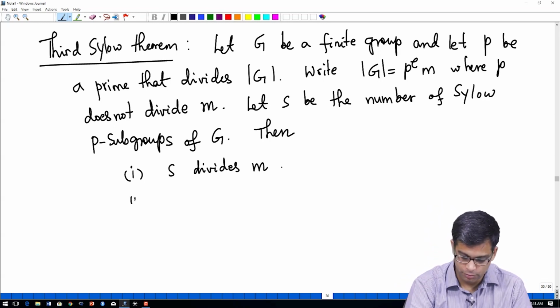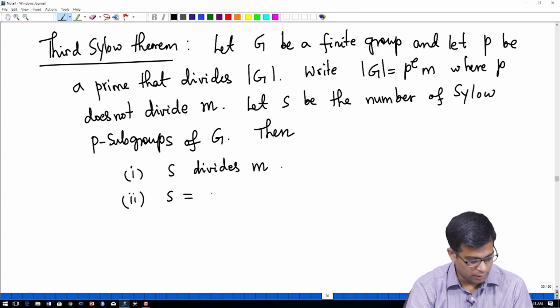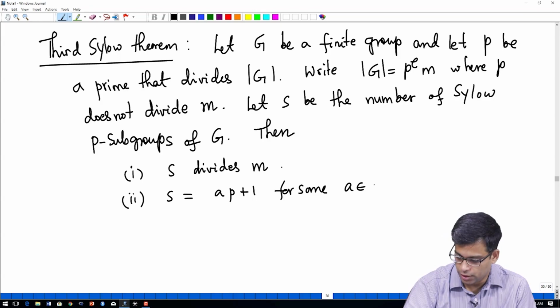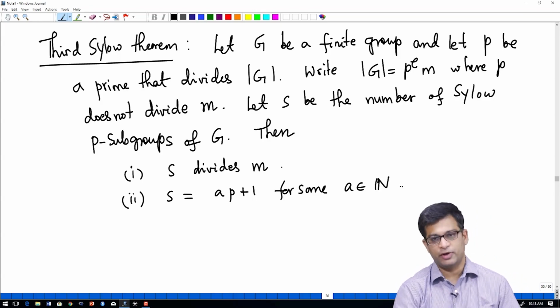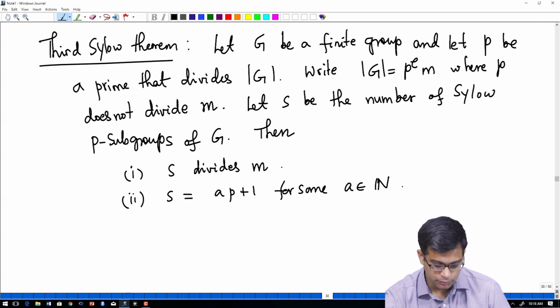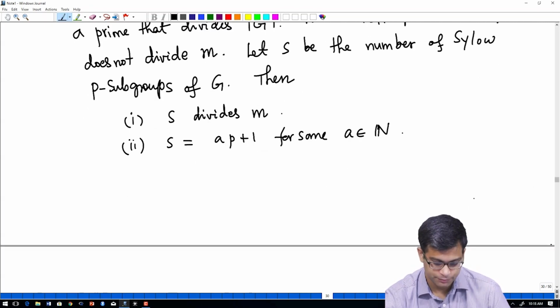And second, s is of the form ap plus 1 for some a in the natural numbers. That means when you divide s by p, you have remainder 1. So, let us go ahead and prove this.